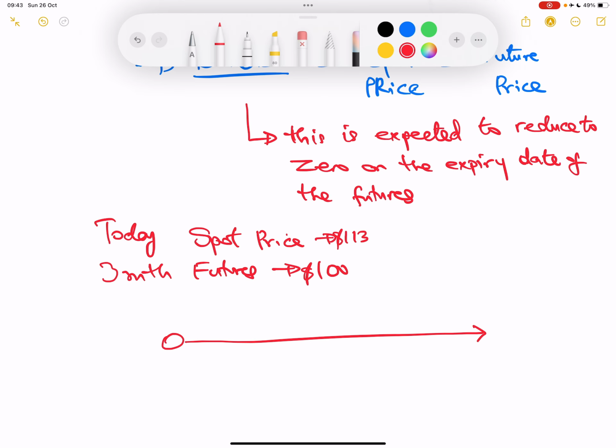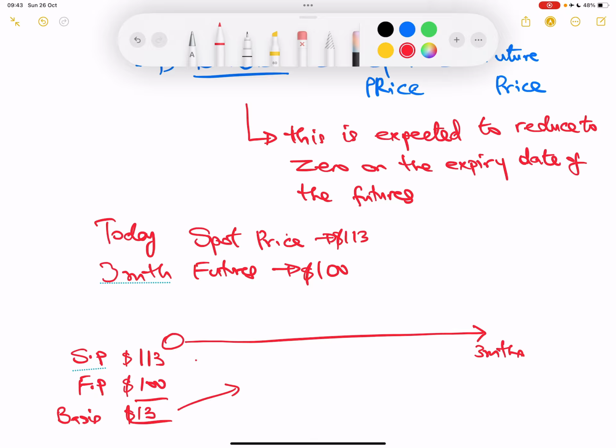Today, up to 3 months, we know the spot price is 113 and the future price is 100. It means that we have a basis of $13. So what we're saying right now is that this $13 will reduce to zero over 3 months. That's what we are saying.